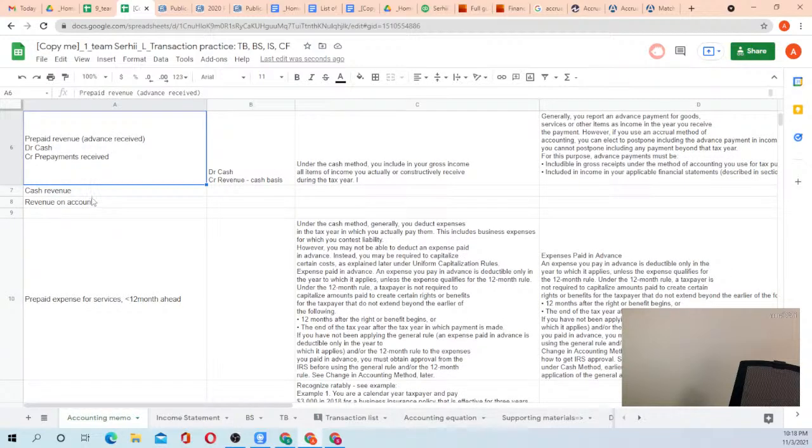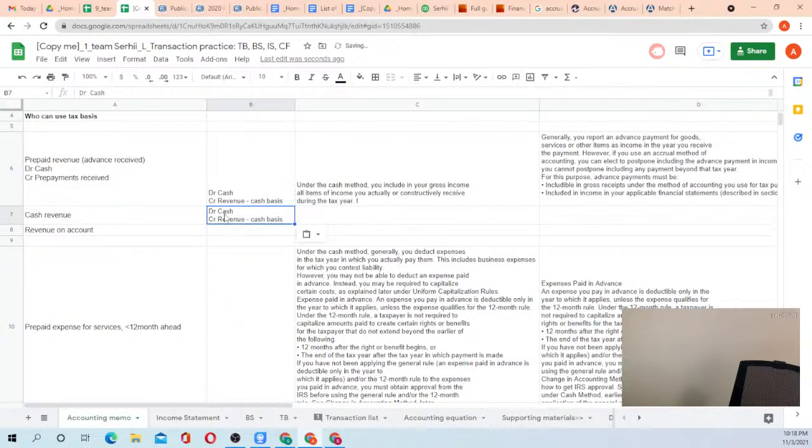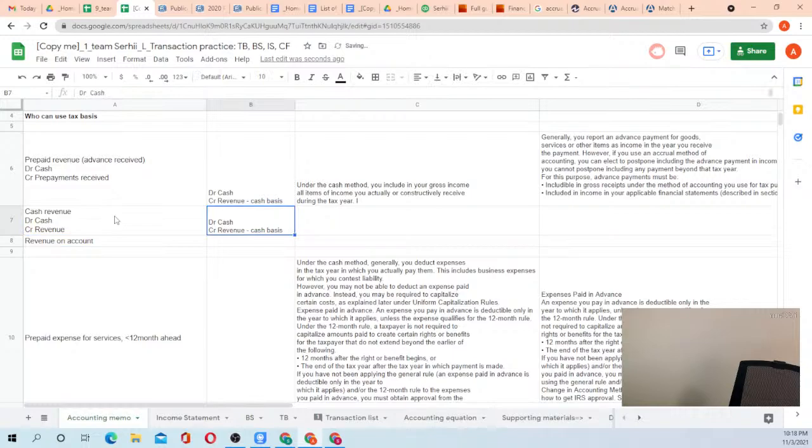Now let's take a look into cash revenue. In that case, our methods correspond. We get cash, we credit revenue. And the same will be under cash basis.